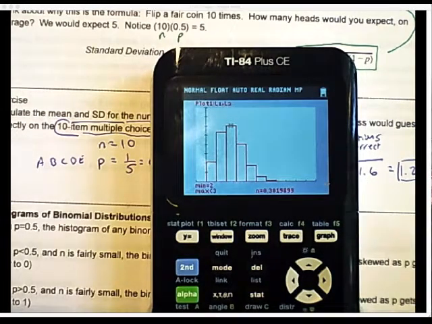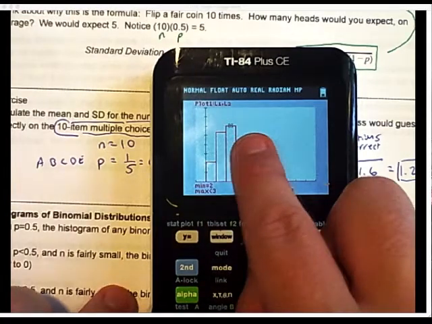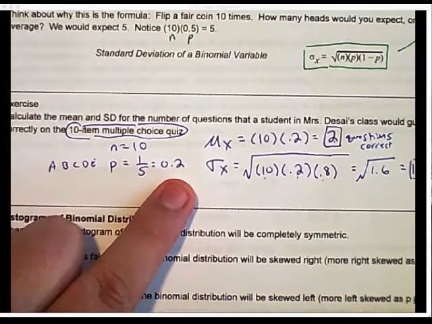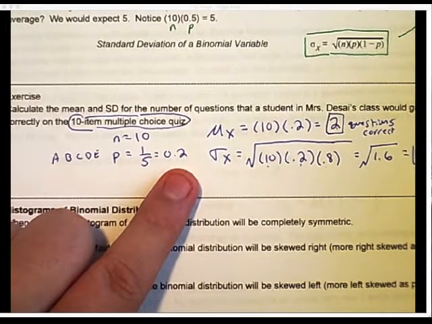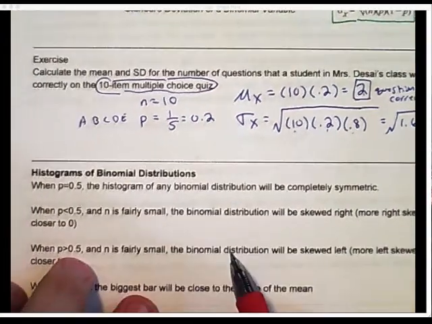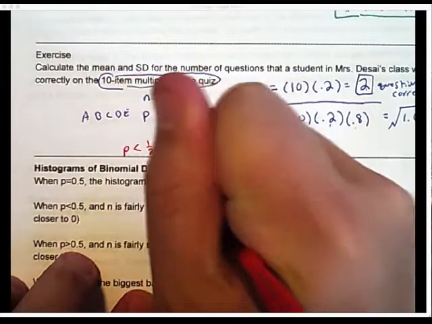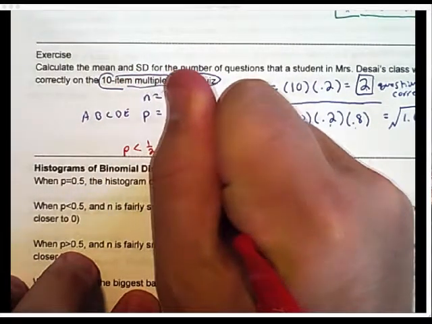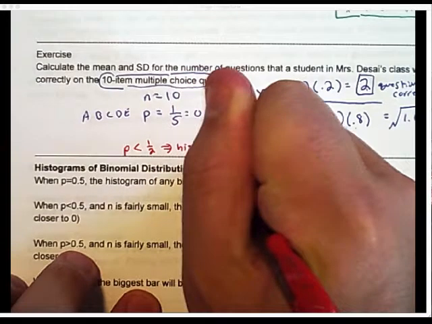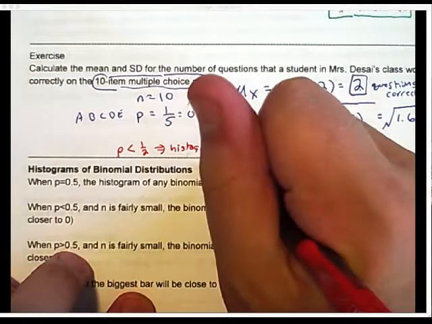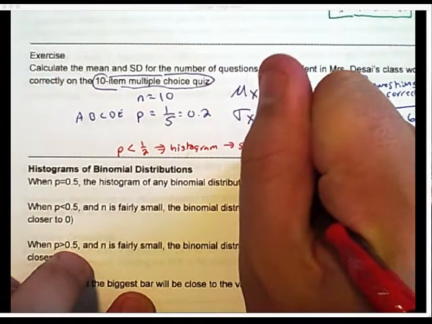So the important distinction here, for this particular example, the p was less than 1/2. All right? So here's a general statement. If p is less than 1/2, the histogram is going to be skewed right.